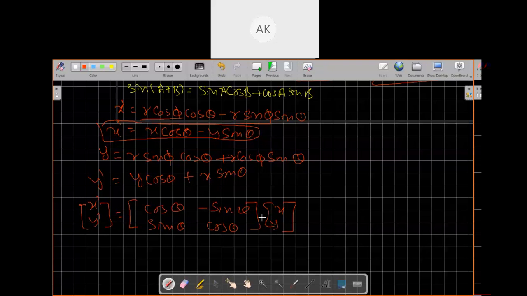When we rotate the object clockwise, the sign of the rotation angle will be negative. Let's put this in and derive the equation: x dash, y dash equals cos minus theta, minus sine minus theta, sine minus theta, cos minus theta into x, y.